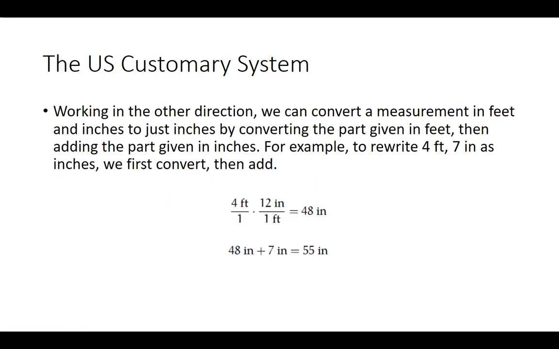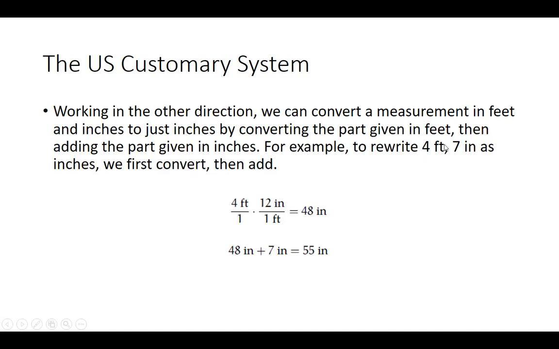Working in the other direction, we can convert a measurement in feet and inches to just inches by converting the part given in feet, then adding the part given in inches. For example, to rewrite 4 feet, 7 inches as inches, we first convert, then add.